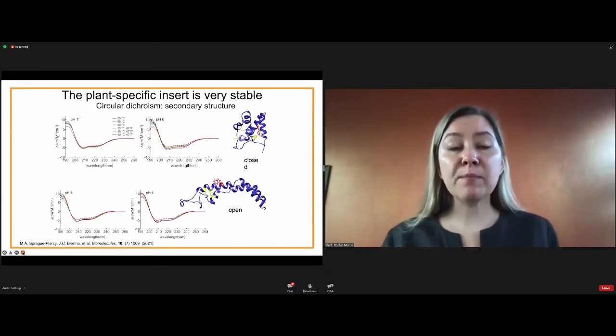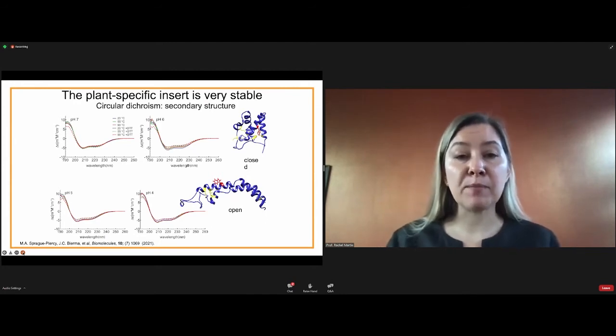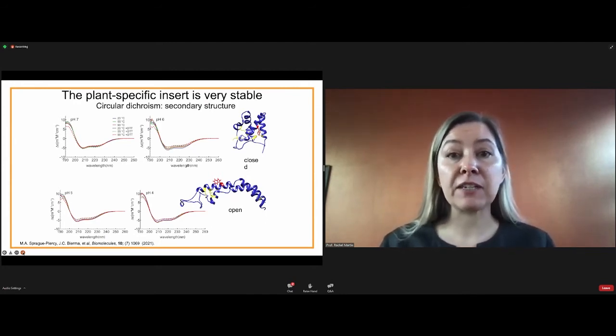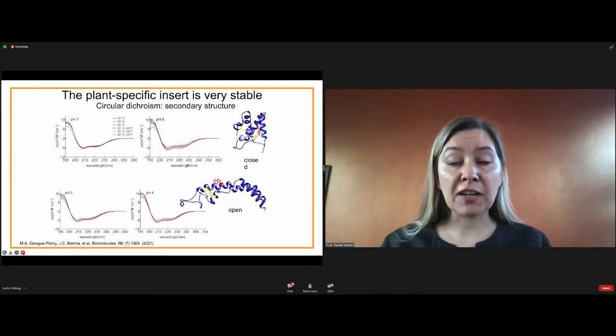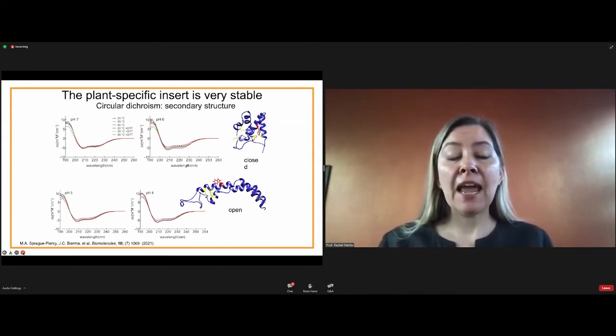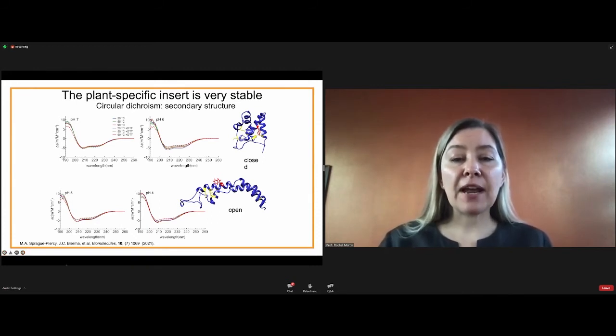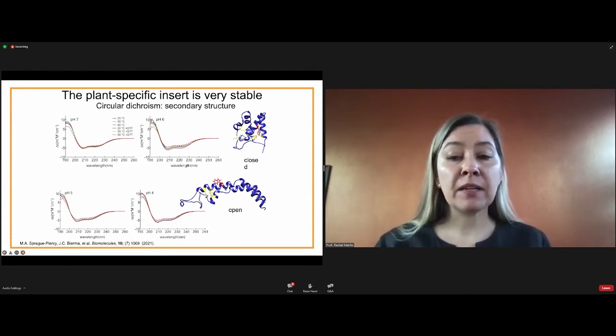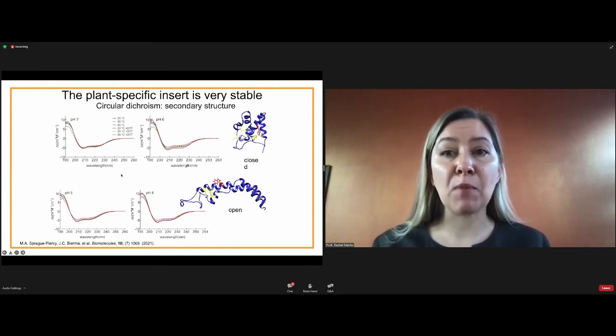Okay, so we did make this PSI in my lab. This was done by Mark Sprague-Piercy, Jan Bierma, Natalia Kozliuk, and actually a whole bunch of people in the group. And they were able to make a bunch of this little peptide, and they showed that it is very, very stable. So if we do circular dichroism, that's a good marker of secondary structure in a protein.